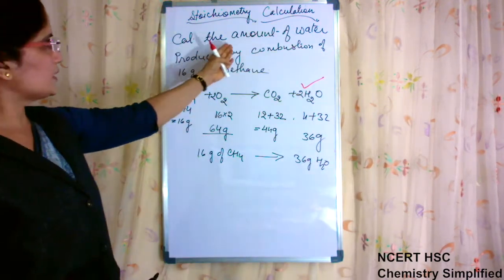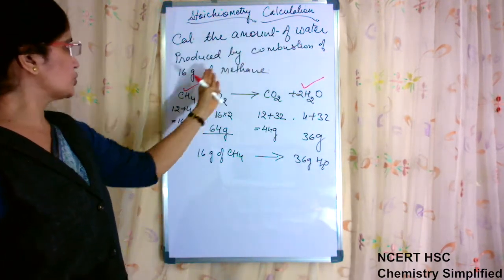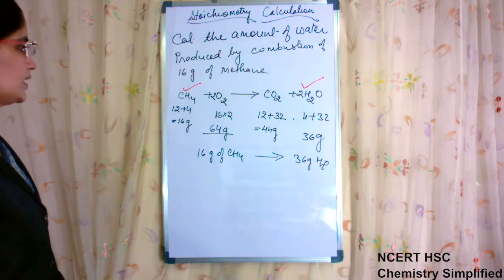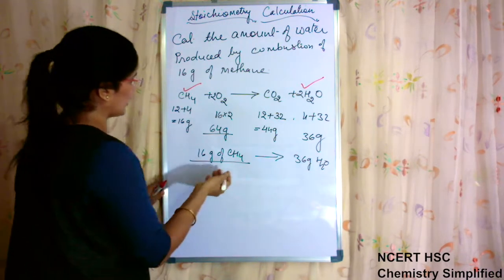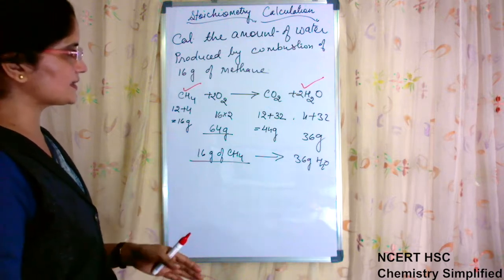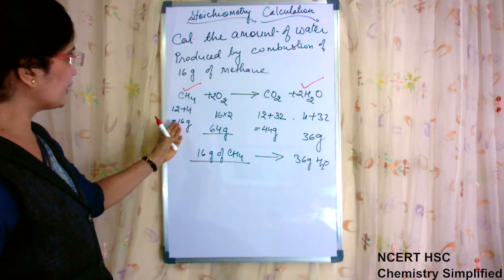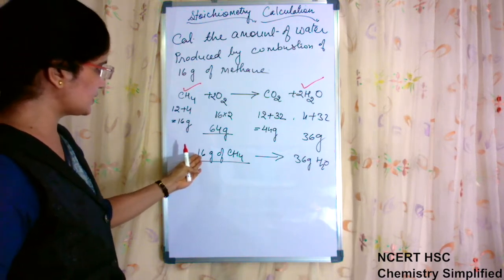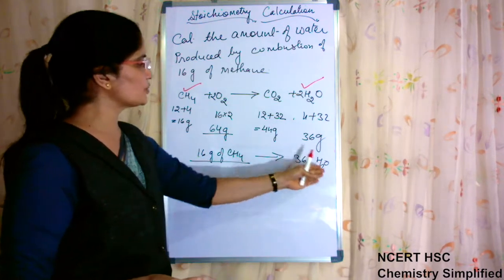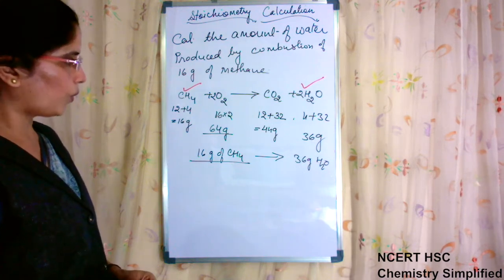So we do not have to make any change in this question, because already the balanced chemical equation shows that 16 grams of methane is producing 36 grams of water.